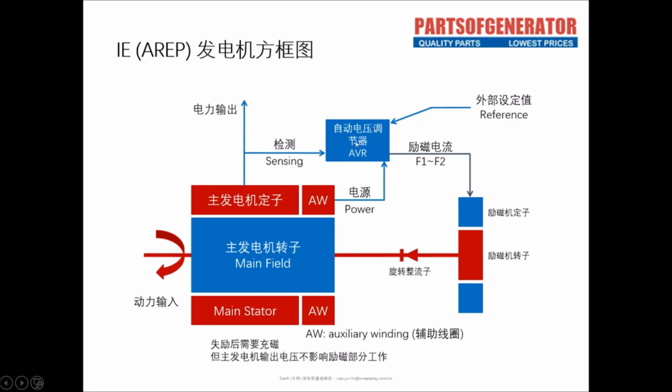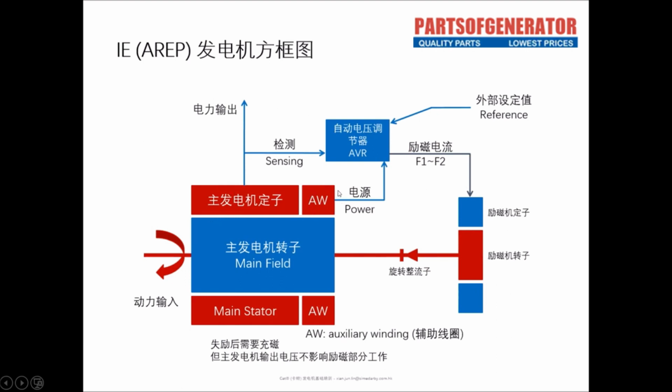If you compare this picture with the self-excited type just now, you will find that the IE excitation method has an additional A part. This A means the auxiliary coil. The A coil is specially used to supply power to the AVR.